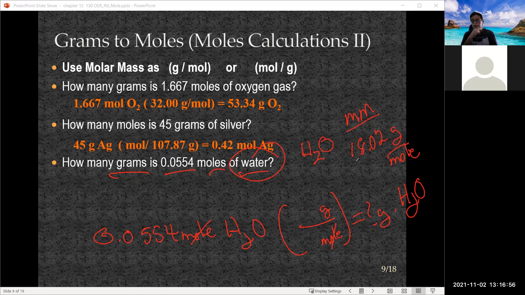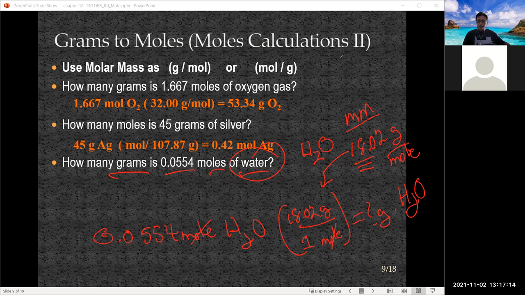Never forget the units, grams per mole. Now that we have the molar mass, we plug it in here with 18 in the numerator and 1 mole in the denominator. And now you can simply do the math.